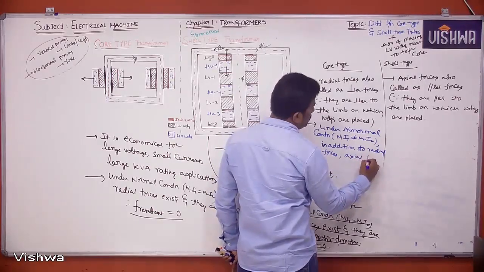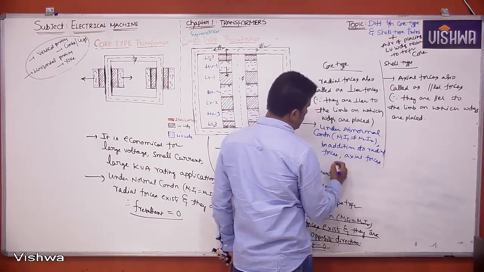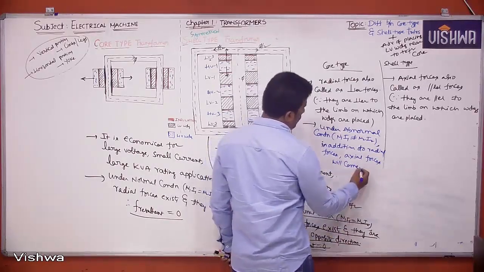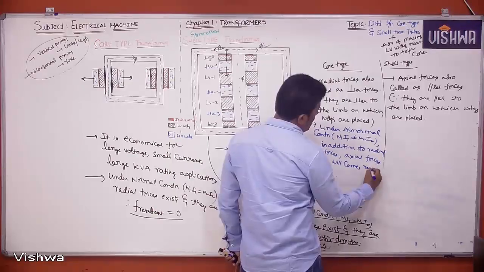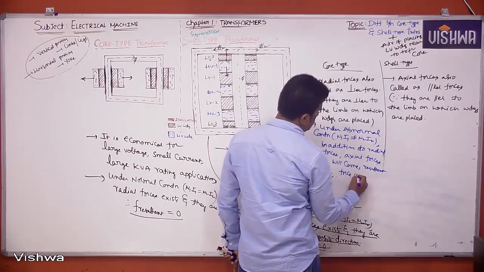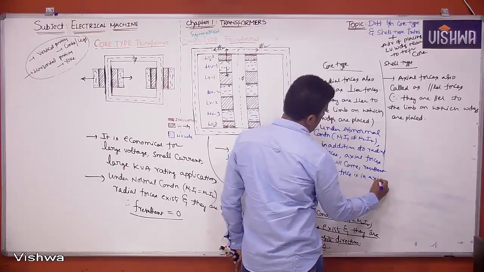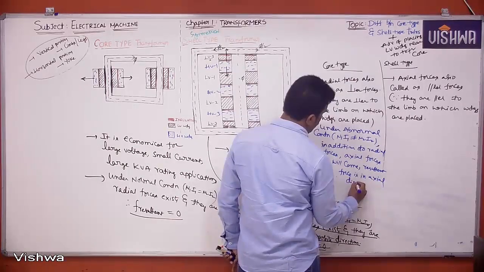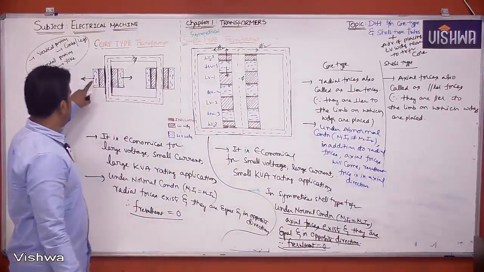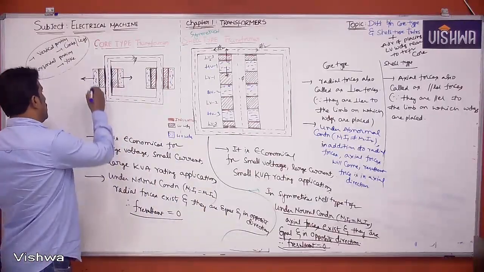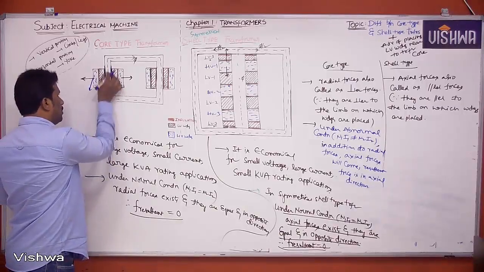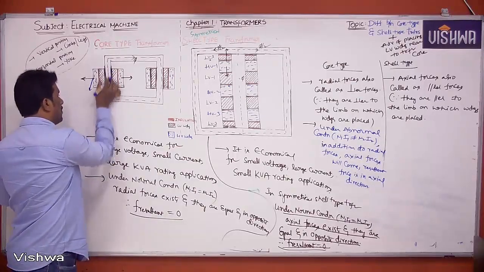Okay. Under abnormal condition, in addition to radial forces, axial forces will come, and the resultant force is in the axial direction. Are you getting my question? So in addition to radial, you will be having forces almost all parallel to your transformer core.